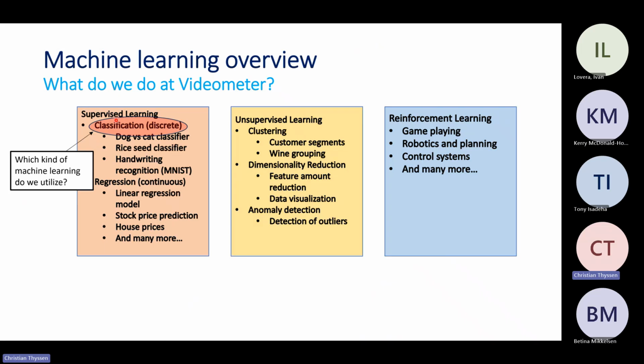And the machine will then learn how to actually classify them. There's also another field called unsupervised learning, where we do not provide any labels. We just put the data into the algorithm and it learns by itself, for example, how to cluster.